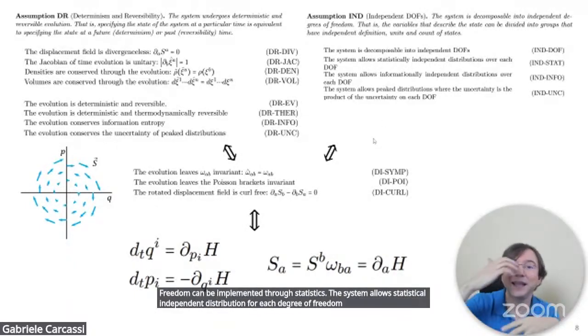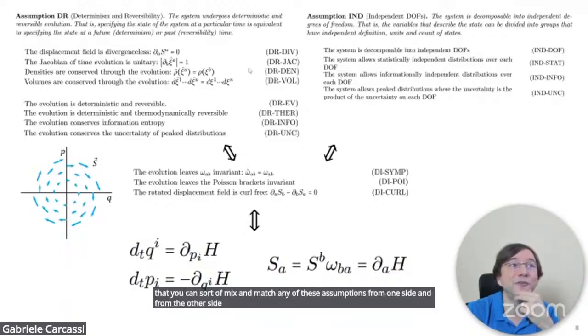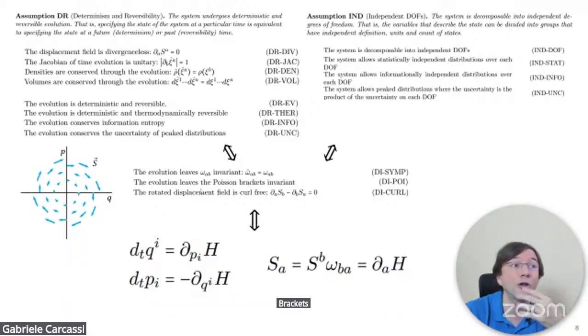And again, the idea is that you can mix and match any of these assumptions from one side and from the other side. And if you pick one on one side and one on the other side, you are able to recover this mathematical formulation in terms of symplectic structure, Poisson brackets, or the curl of a rotated displacement field.